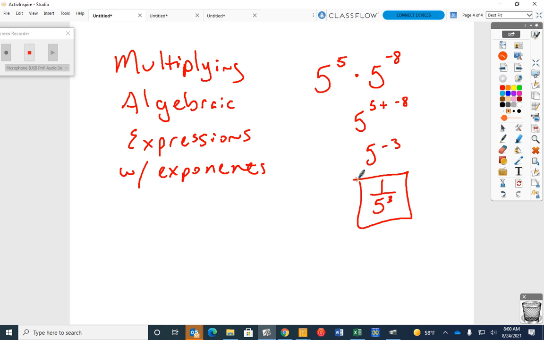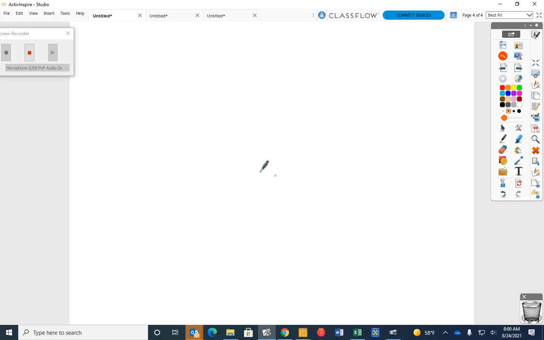Okay, so what's different today? Yes, we're going to throw some variables in there, okay? We're also going to have some that have the same base. Okay, let's look at, before we go with variables, let's say I have something like this, 3 to the 5th, okay, times 3 to the 2nd. This is just like what we did yesterday, right?